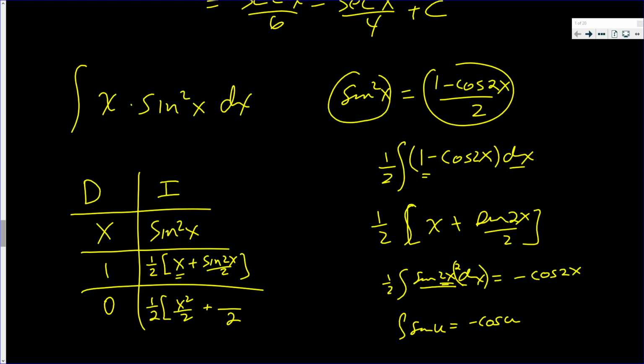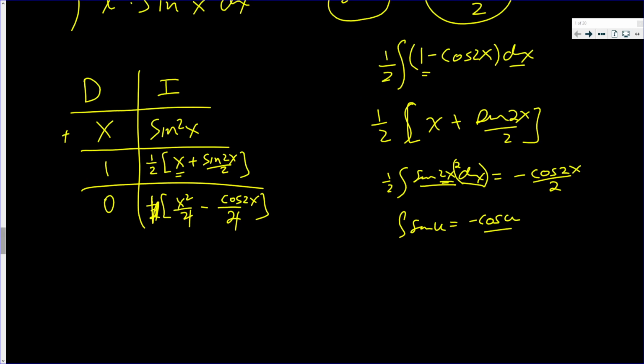So I have sine u du, and I'm going to get negative cosine u over 2. Okay, so I get negative cosine of 2x over 2. So it turns out that the denominators are 4. And there's my answer.